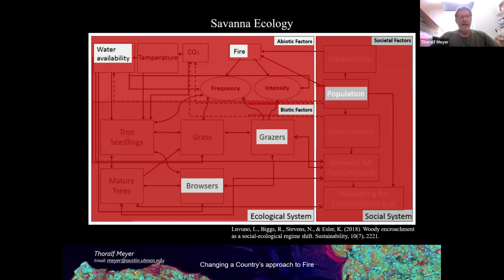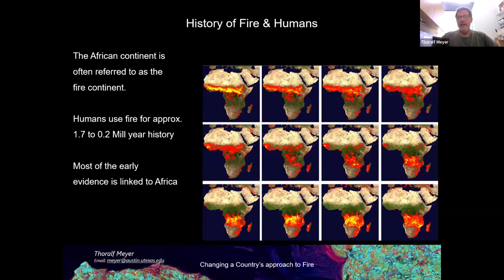And today, especially in Africa. So if it wouldn't be for the oceans that coined the term the blue planet, if the ocean wouldn't be there, it should probably be called the red planet. And in the case of Africa, Africa is often referred to as the fire continent.